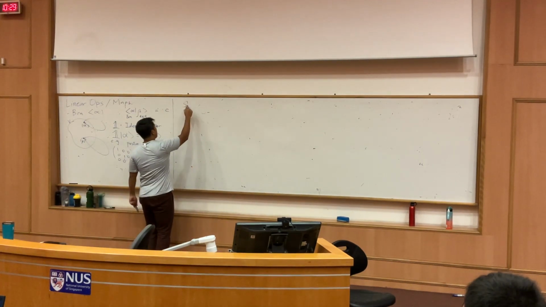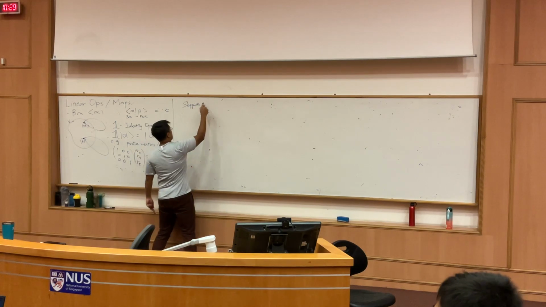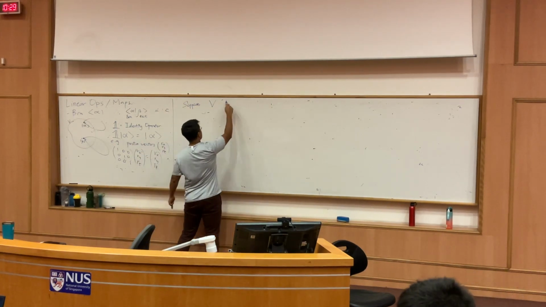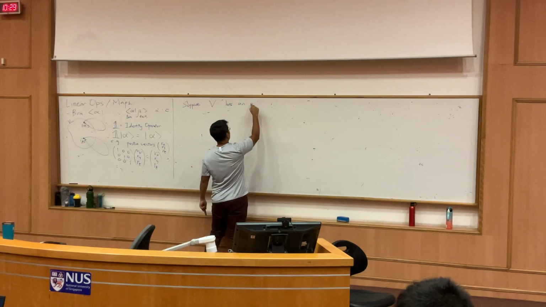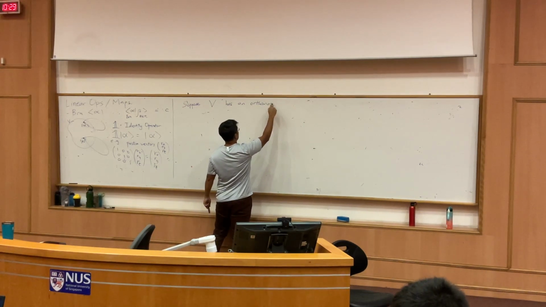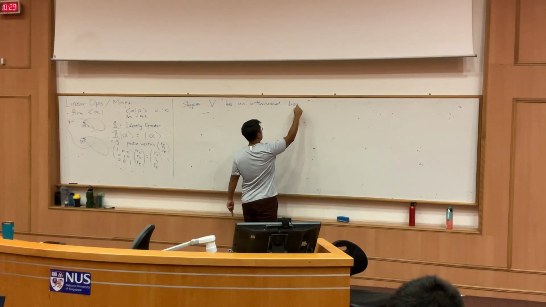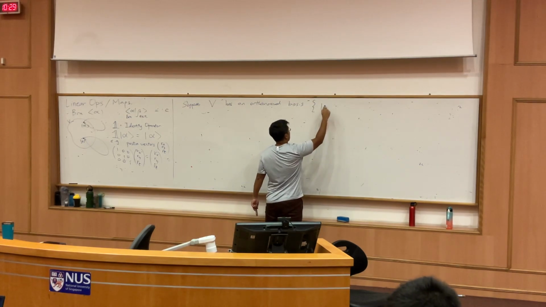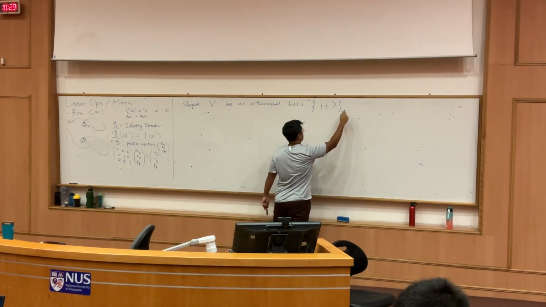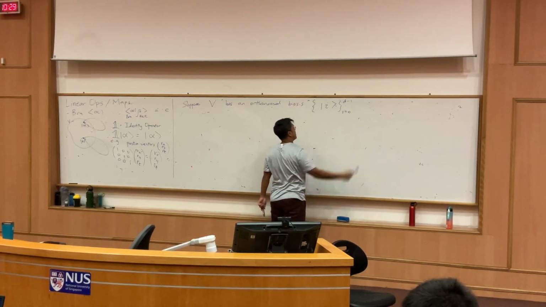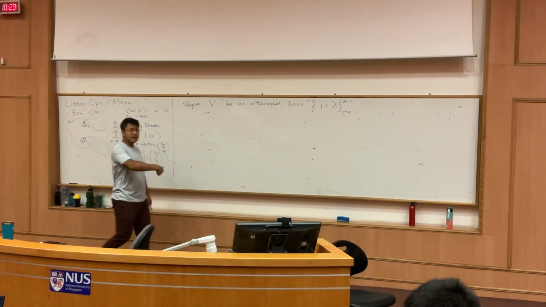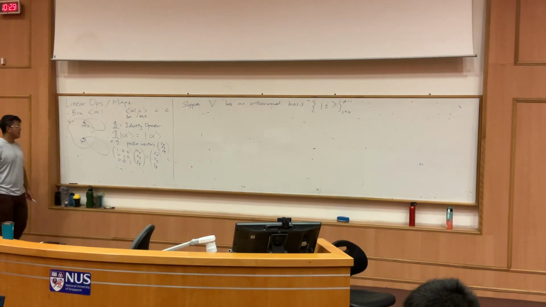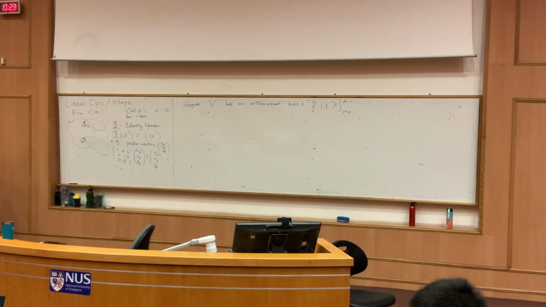Let's suppose that V, this space, has an orthonormal basis |i⟩, which runs from 0 to d minus 1. So it's a d-dimensional space. There are d different elements in it. Okay. Good. Alright.